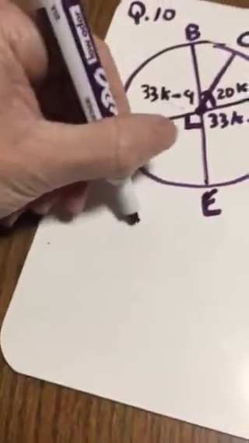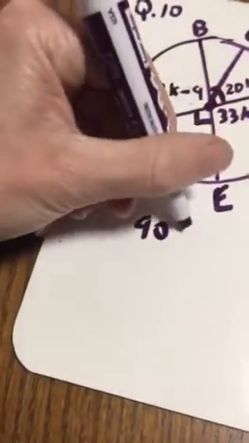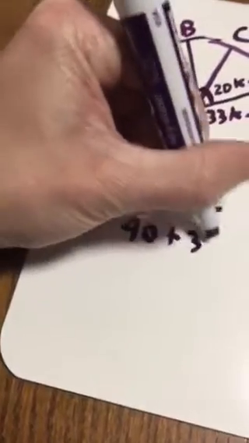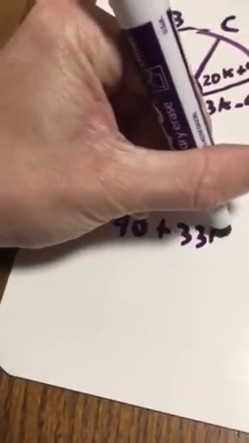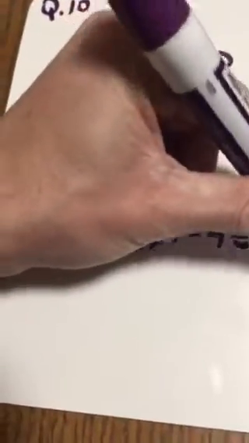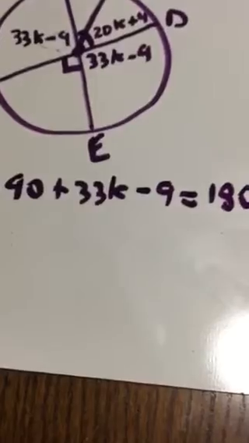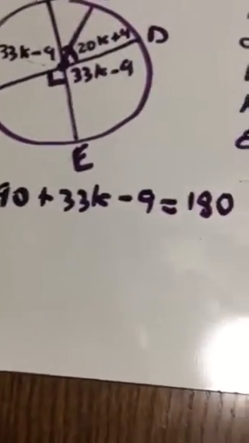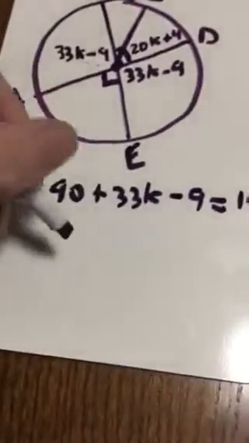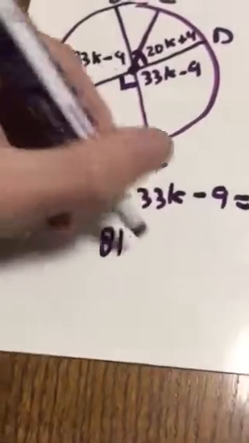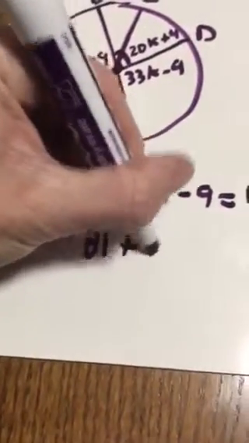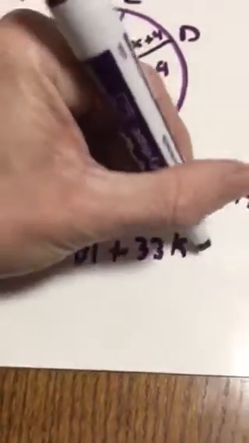So 90 plus 33K minus 9 equals 180 degrees. 90 minus 9 is 81. 81 plus 33K equals 180.